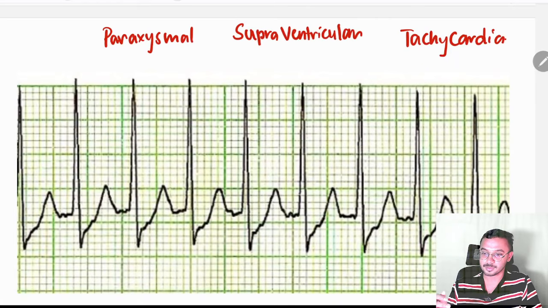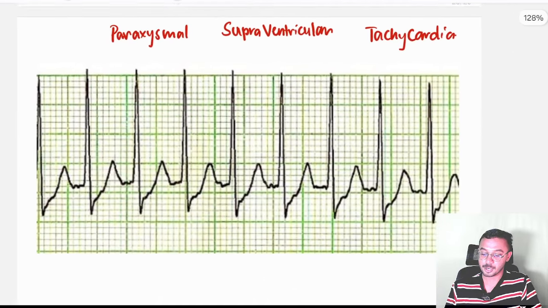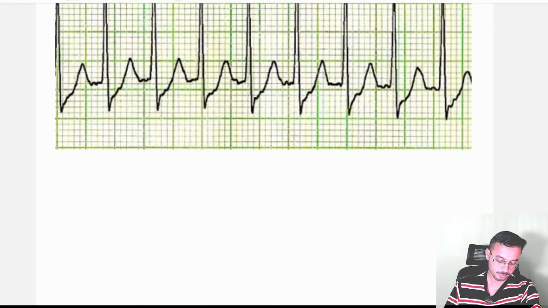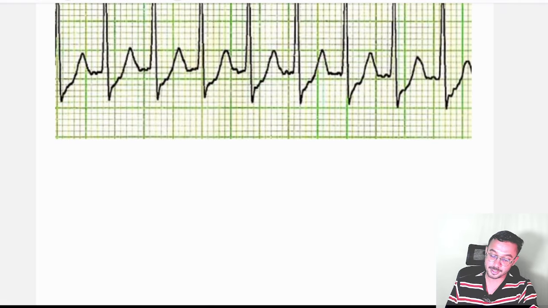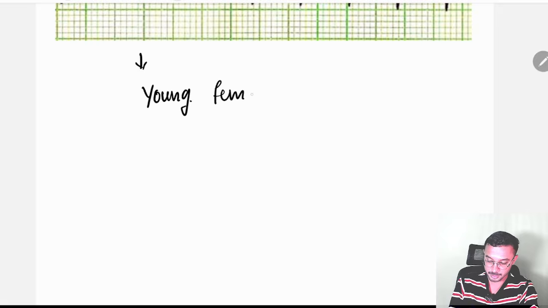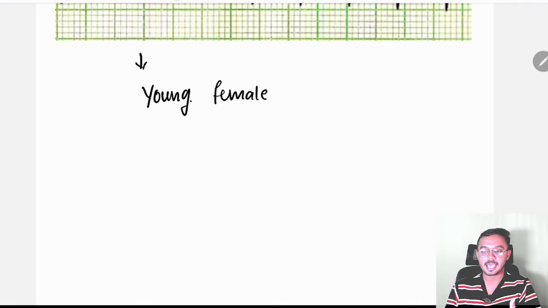And next, very important, paroxysmal supraventricular tachycardia. Here the examiner will describe a condition common in young patients, such as a young female. Suppose a young female comes to your OPD with recurrent syncopal attacks after drinking tea and coffee, or when she skipped her meals before going to the office in the morning.